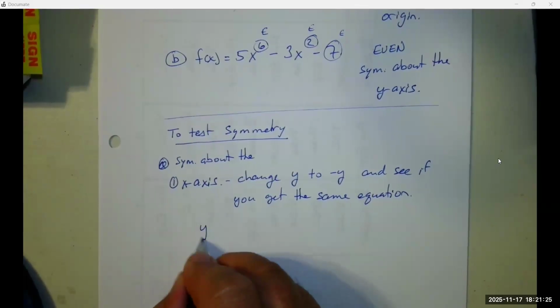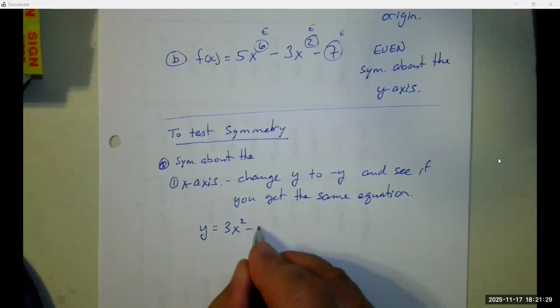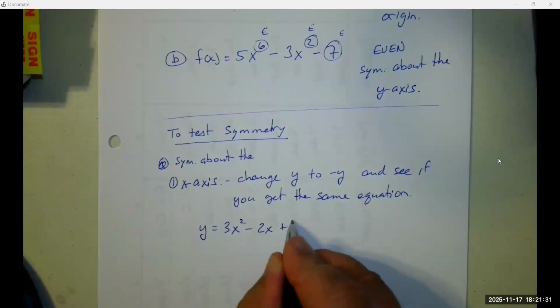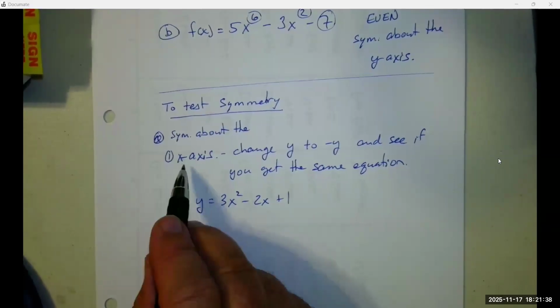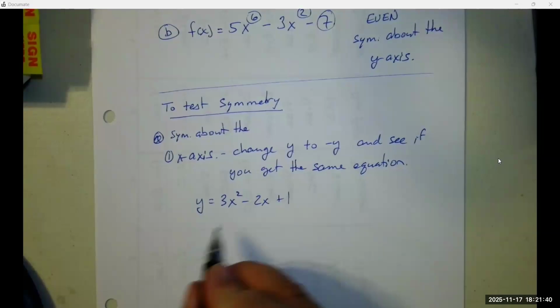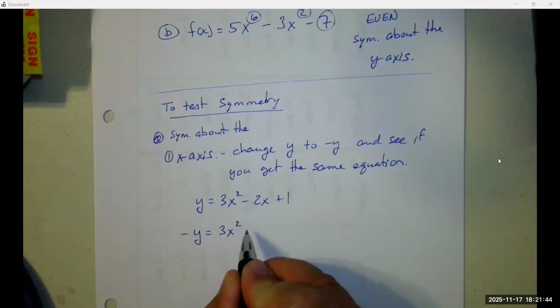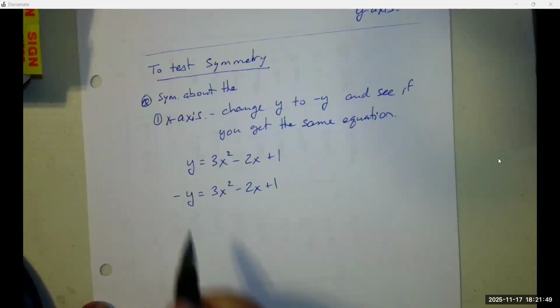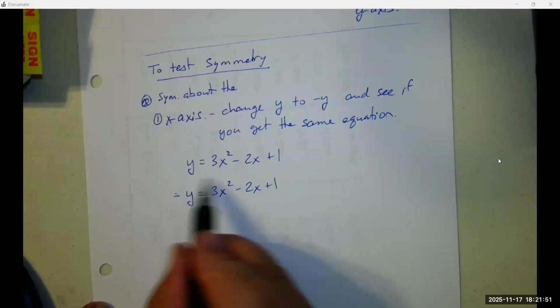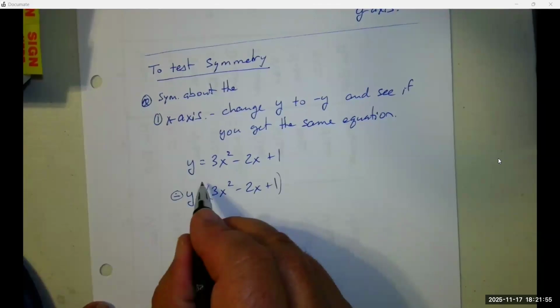So if we had y equals 3x minus 3x squared minus 2x plus 1. What we have to do, change y to negative y. Because this is here, we could move it to the other side. So change all of these signs.